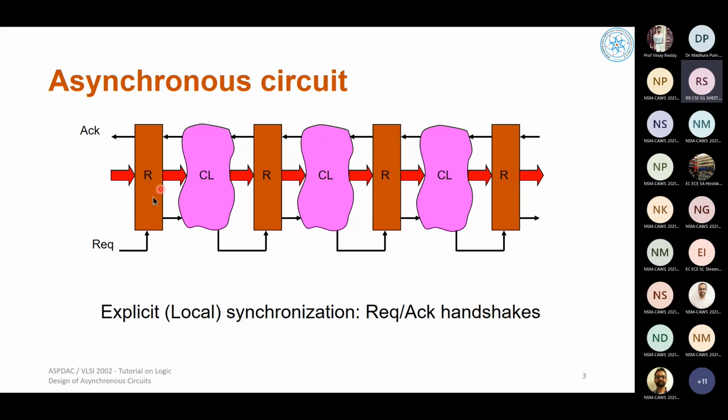So it is the job of the combinational circuit to generate what are called done signals, so that the data can progress. Now this paradigm works for circuits where this CL is completely independent of this CL, or for example, if this CL is a very large stage as compared to this CL, then this kind of a circuit benefits.